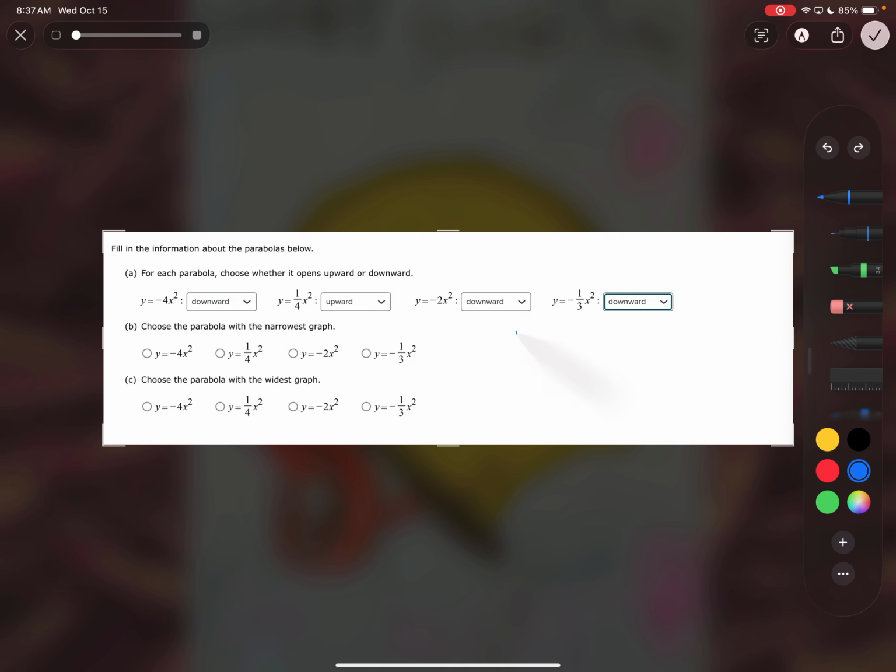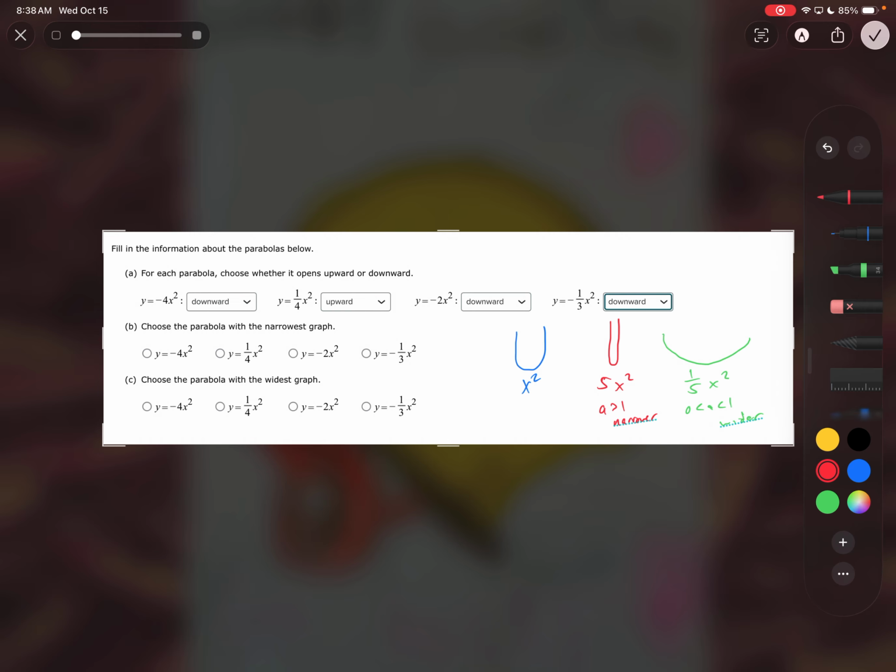If I have this as x squared, if I multiply that by like a 5, it's going to go up super fast. It's going up 5 times as fast as x squared, okay? If I multiply that by like 1/5, it's going to go up 1/5 as fast. And it's going to look like this. So if it is a number between 0 and 1, it is going to get wider. If it is a number greater than 1, it's going to get narrower, okay?